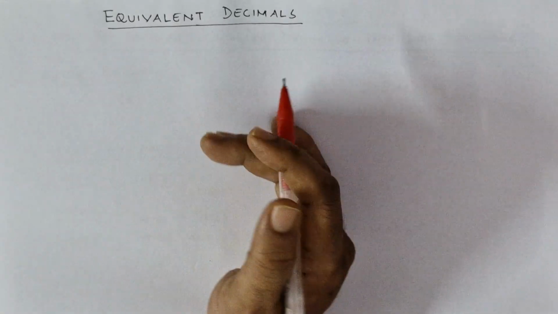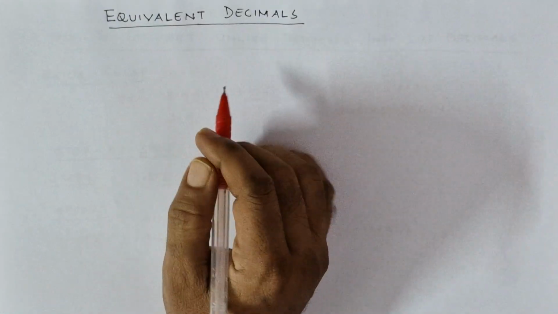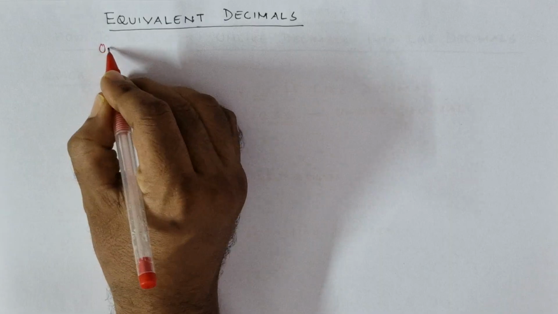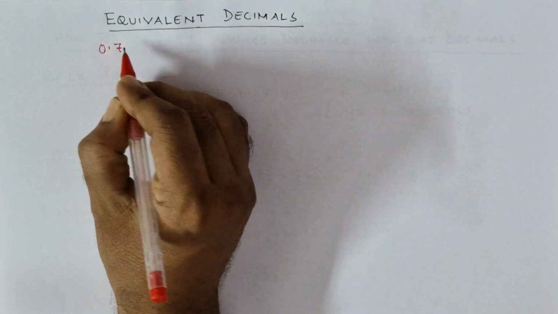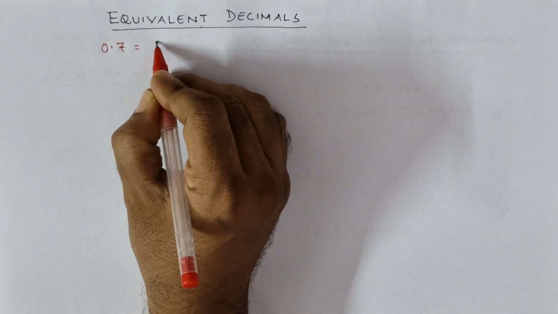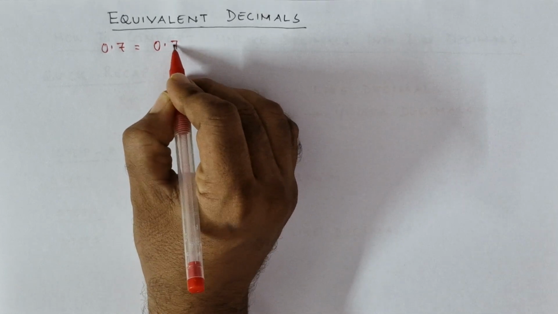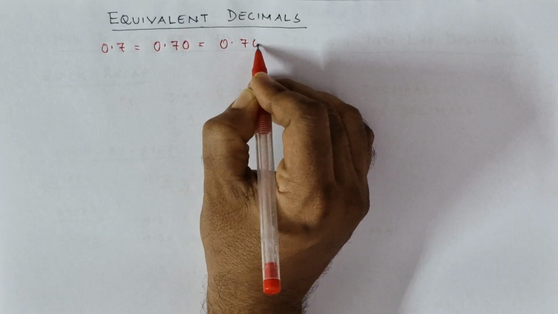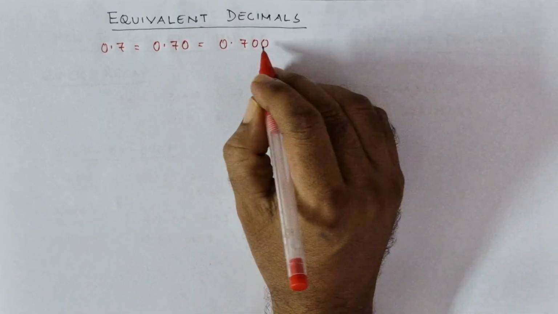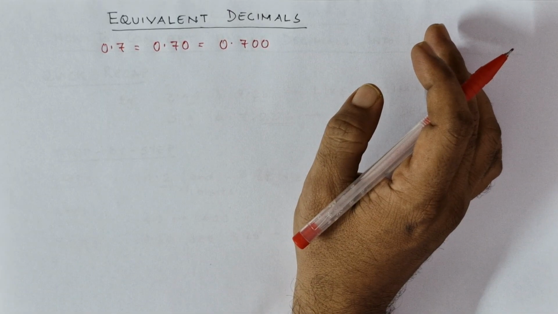Okay, let's come to the next part, that is equivalent decimals. They are the same but the expression is different; the value is the same. For example, 0.7 is equal to 0.70, which is equal to 0.700. So these are all equivalent decimals.